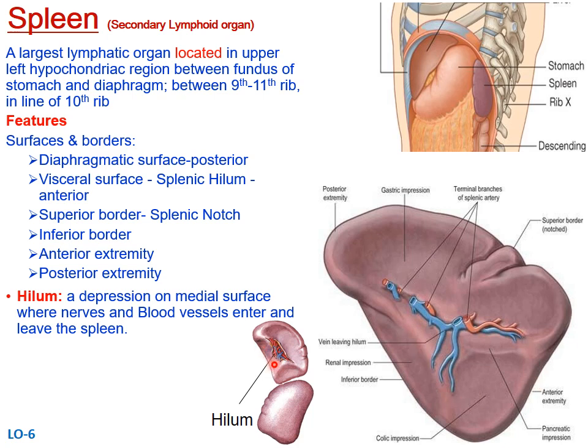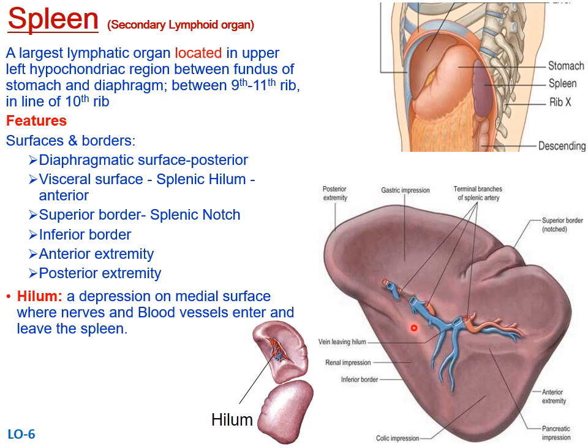Hilum we have discussed several times. Any solid organ, like lung, liver, kidney, spleen, all of them have one specialized area where all the vessels, arteries, veins, nerves, lymphatics, ducts, can go inside the organ and get out of that organ.